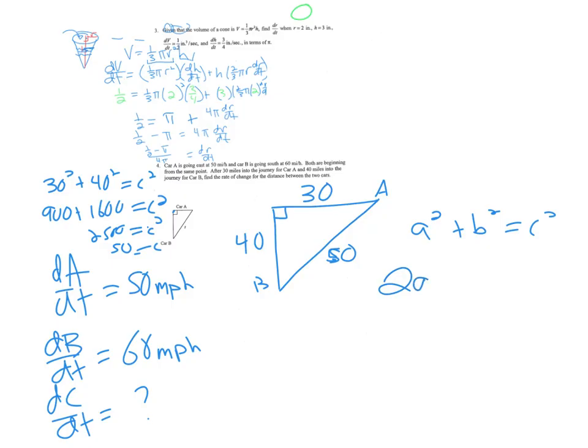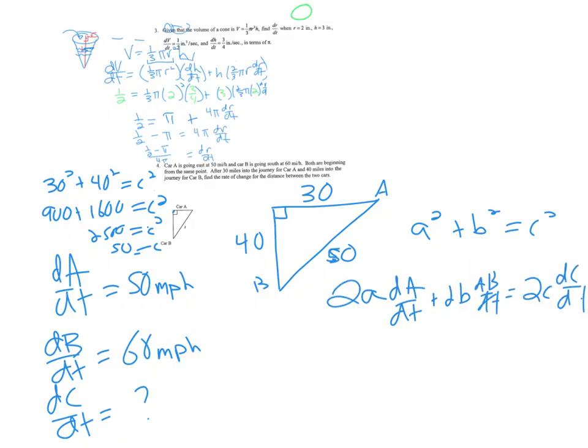So when I differentiate, I have 2a dA/dt plus 2b dB/dt equals 2c dc/dt. And you may notice, and you don't have to do this, but I notice that each term has a 2 inside of it. So I'm just going to be lazy and divide through by 2 for every single term. And again, you don't have to do that. I do that so that I have fewer terms to keep track of.